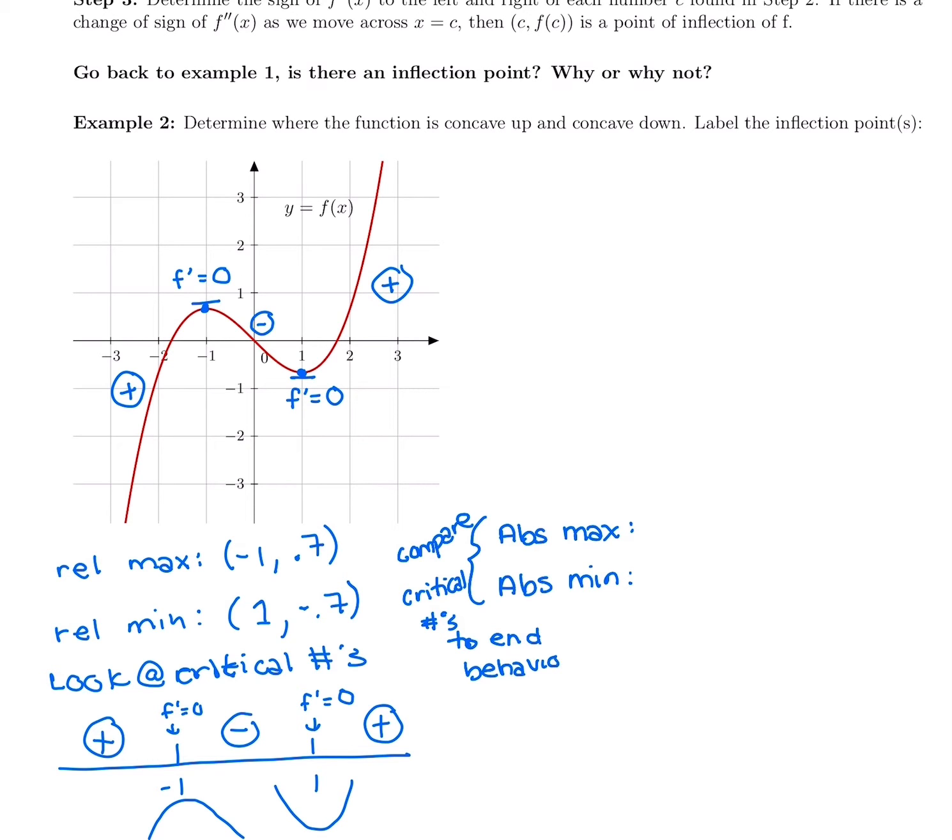We're going to look at those critical numbers, those relative max and min, and compare them to the end behavior and see if those relative max and min are also absolute max and min.